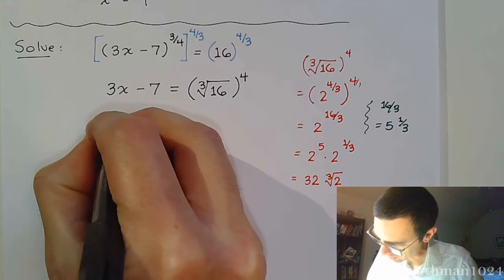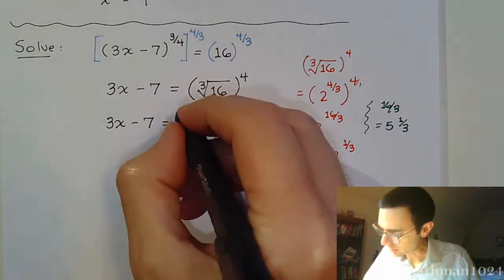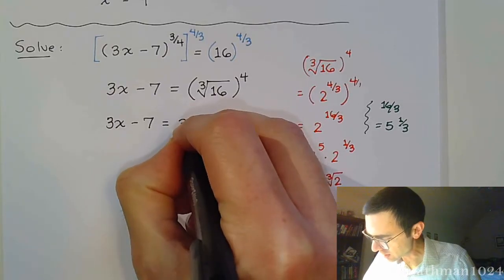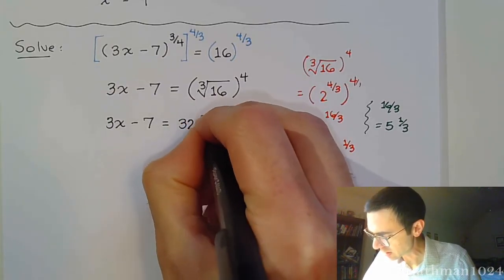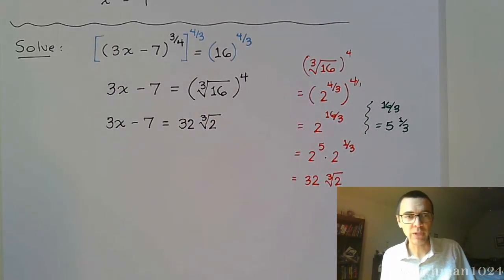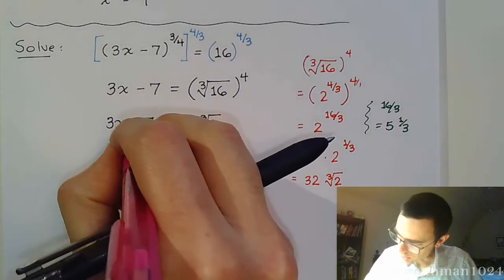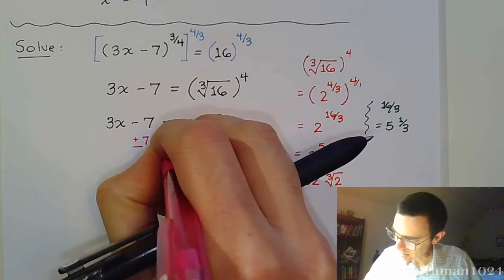Okay? So we have 3x minus 7 is equal to 32 times the cube root of 2. I mean, that's a real number. It's just not the prettiest number. And then we go through the rest of the process of getting x by itself. So for us, that just means adding 7 to both sides.